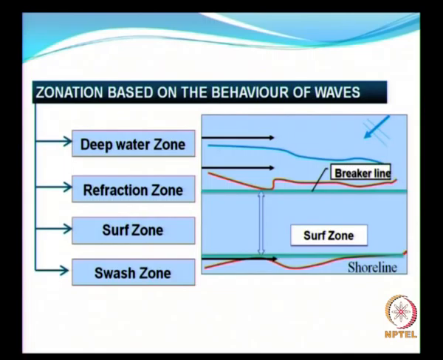That is called the breaker zone, and d by L greater than 0.5 is called the deep water zone. So, this line or region is approximately d by L equal to 0.5. This is the region where the waves are breaking, and this zone is the refraction zone.